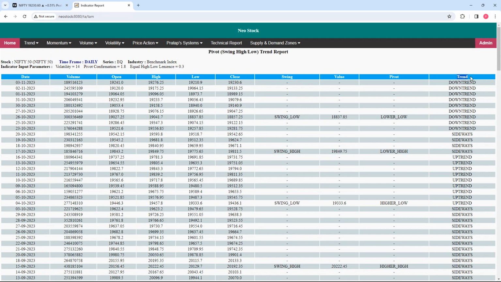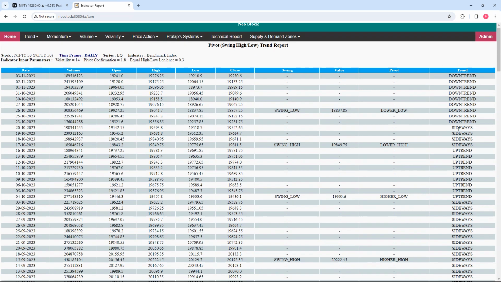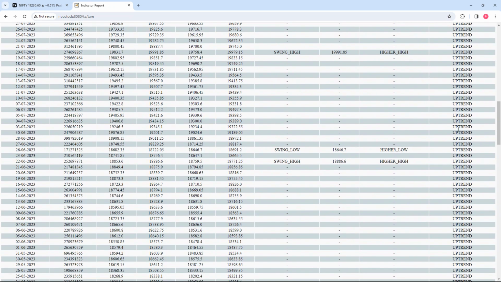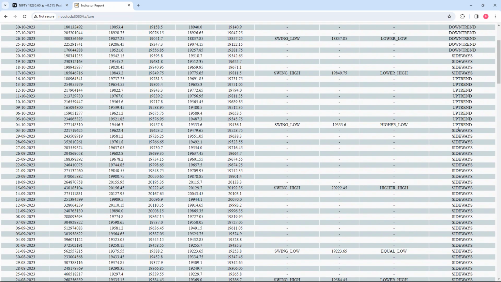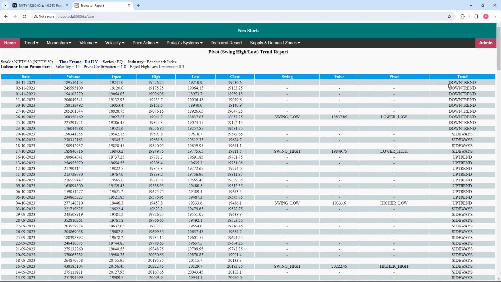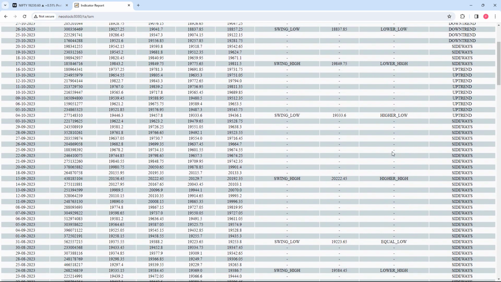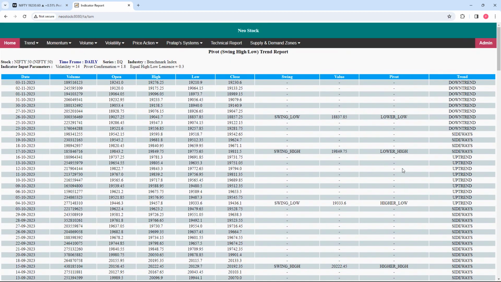Look into the column trend. It is displaying the trend for all the dates. The latest trend is a downtrend. Why is it indicating the downtrend? Because the column pivot has lower lows, lower highs, higher lows, higher highs, or equal highs, equal lows. So lower low and lower high indicates downtrend.